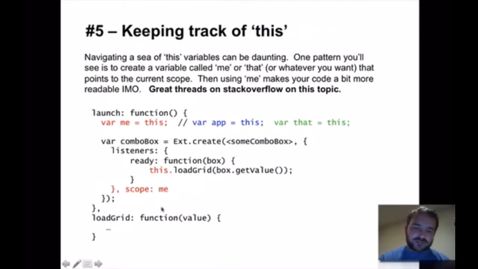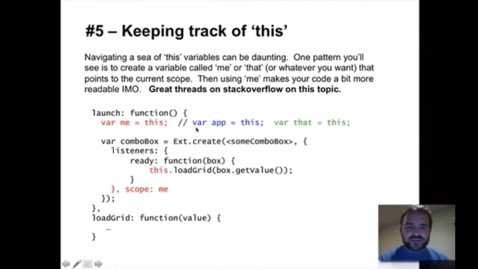Scoping is still convoluted, and you have to earn your stripes here, but you'll find that this pattern of using me, as you start looking through this code, just seeing me, scope me down here, tells me that I want the app. I want to be passing in the app.